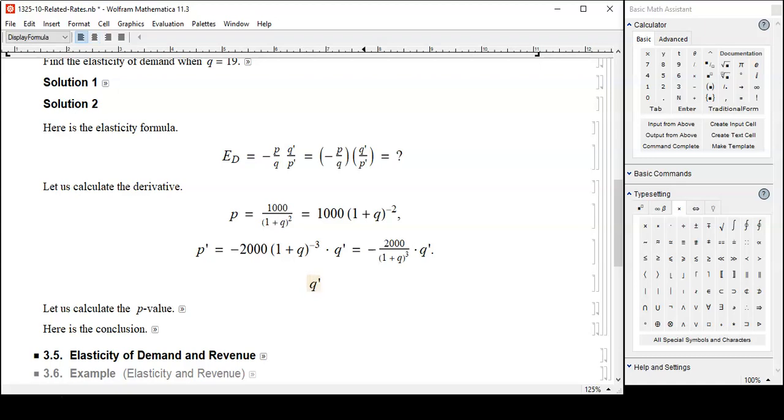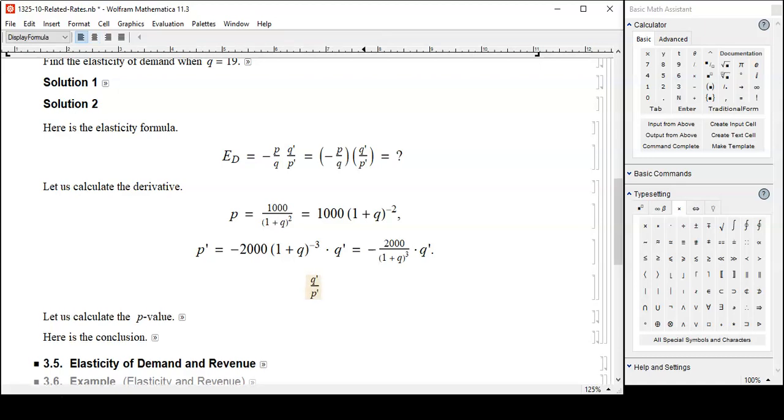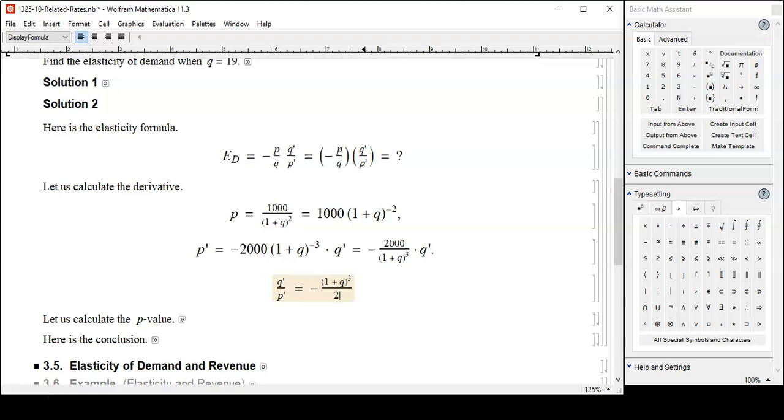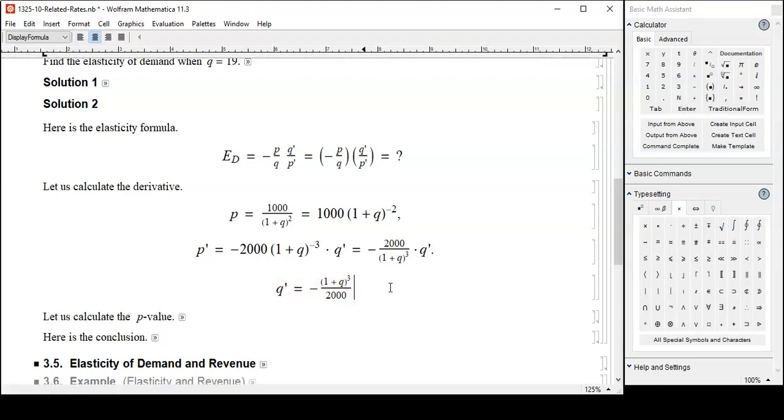I have to flip this one to the other side. 1 plus q to the third power over 2000. So if I flip this one over, then that is equal to this times p prime. Yeah? Flip that onto the other side. That's what I got. And then divide by p prime.